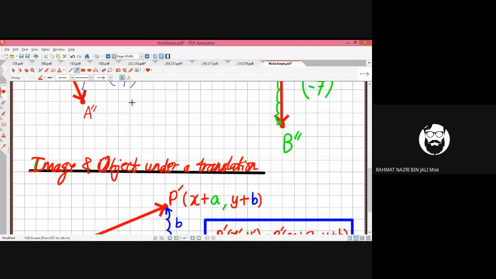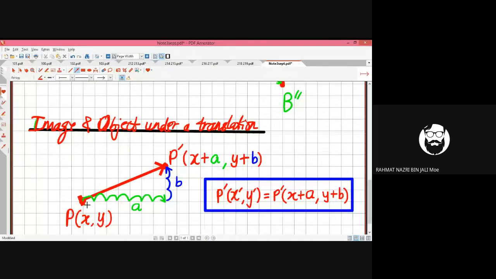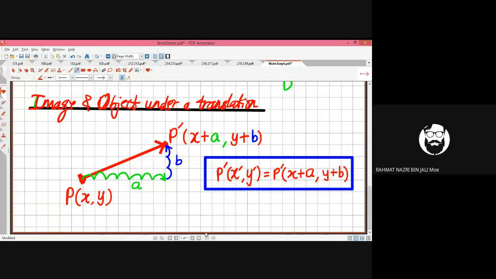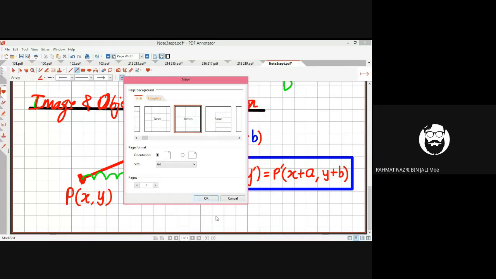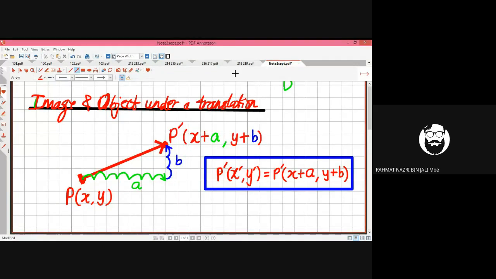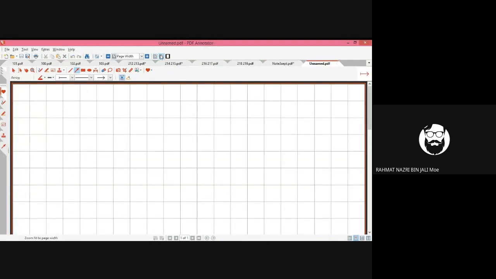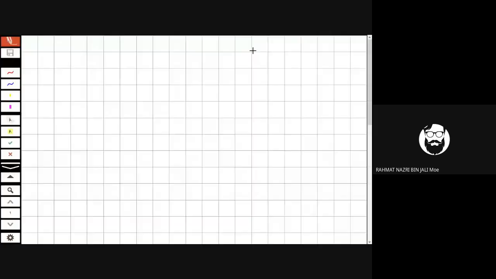The next note is ini daripada object to the image ya. Kita boleh guna formula ini. Jadi saya akan tunjuk satu contoh. Saya tambah satu note baru. Okay, satu contoh saya bagi.